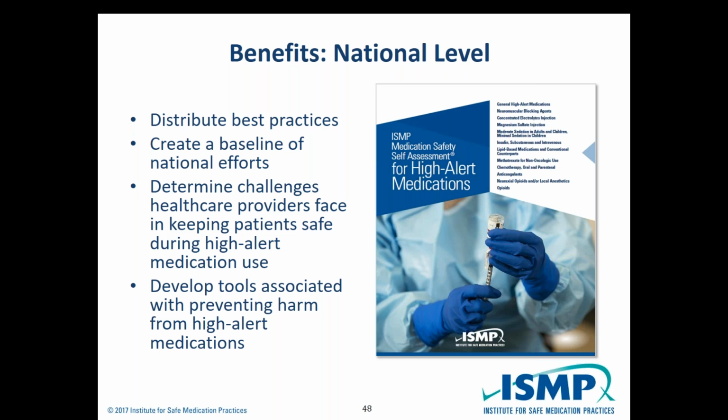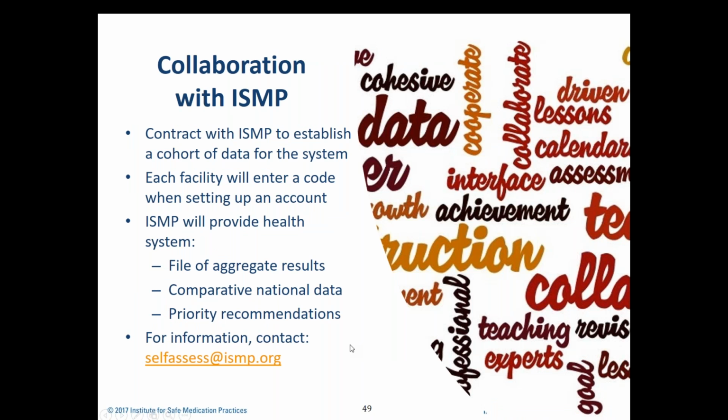So we use this information too to help develop tools associated with preventing harm from high alert medications. And in fact, that last bullet is something that we are committed to as part of our grant from the FDA. So once we get back information, we will be looking at some tools to develop to help hospitals.